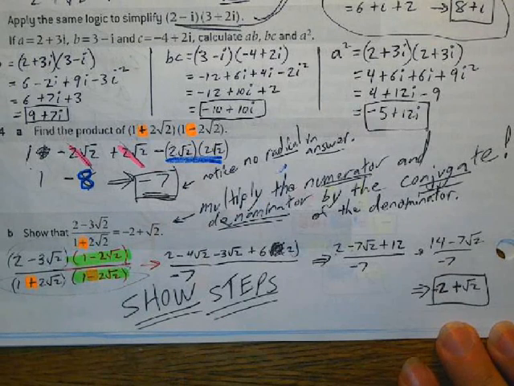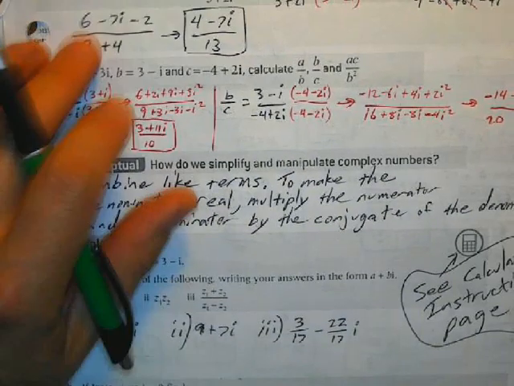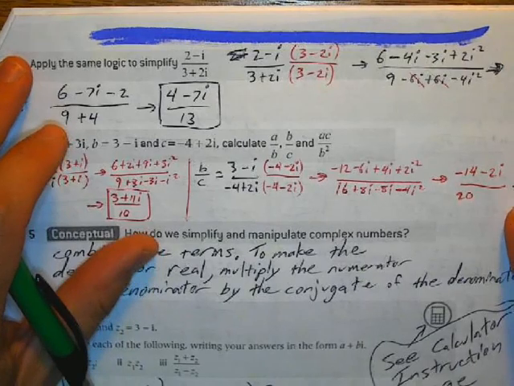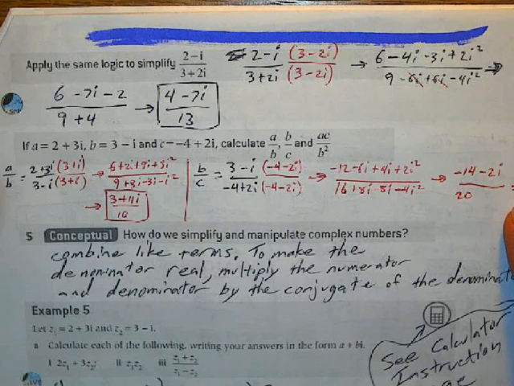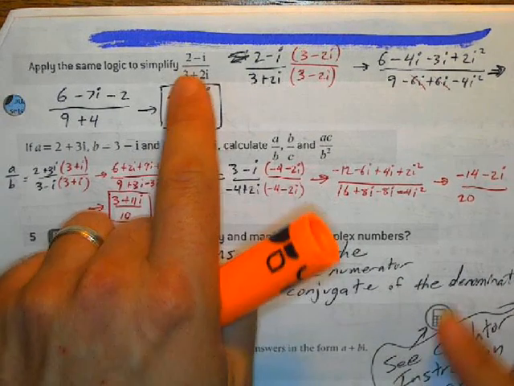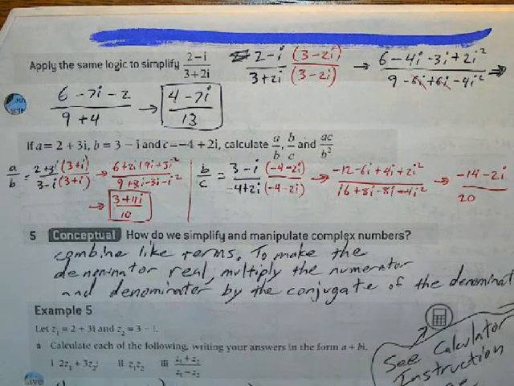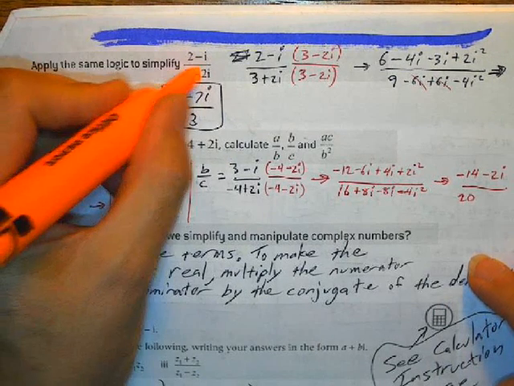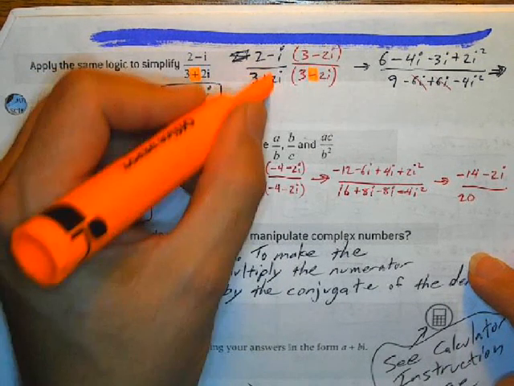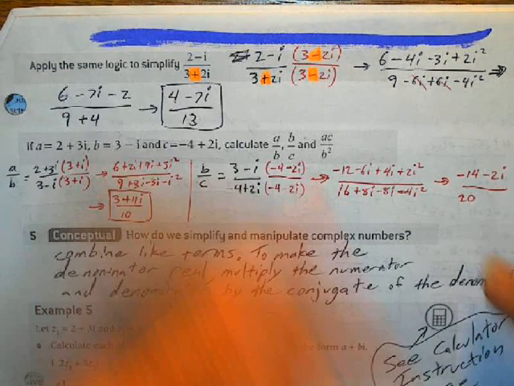And hence we have just shown it. This applies the same thing with i. So if I've got 2 minus i over 3i minus 2, I'm going to multiply the top and bottom by the conjugate of the denominator.